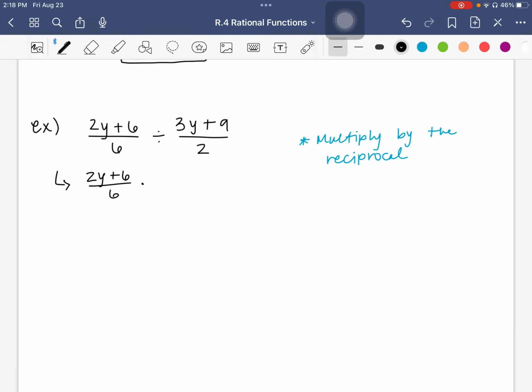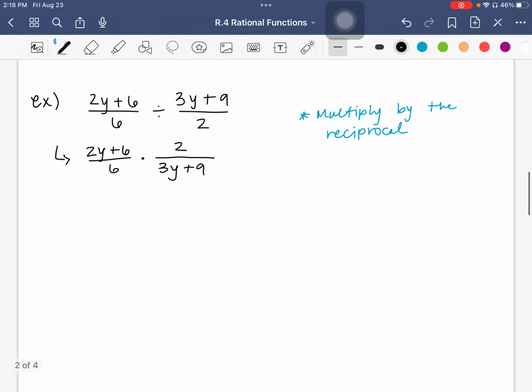And what we're going to do is multiply by the reciprocal. So if you remember, taking the reciprocal of this fraction is the same thing as just flipping it. So we have 2 on the top, and then 3y plus 9 goes on the bottom. All right. Then if you notice, we can take out a 2 from both of these guys. So we're just left with 1 here and then 3 there. And so we have 2.